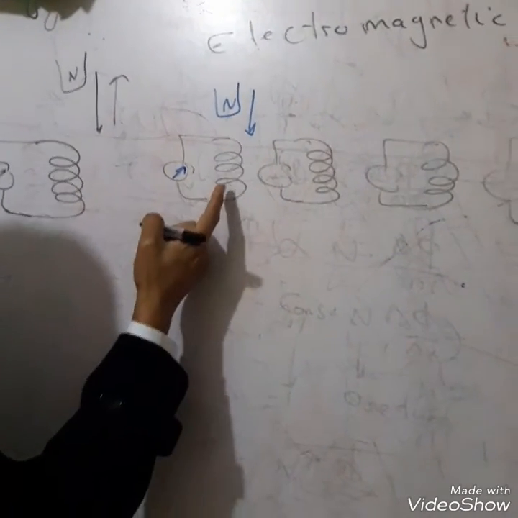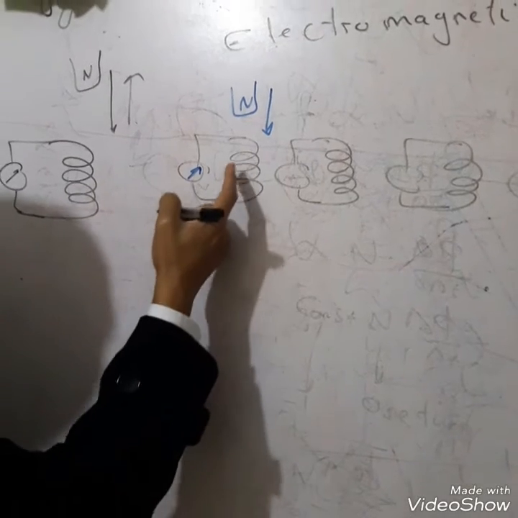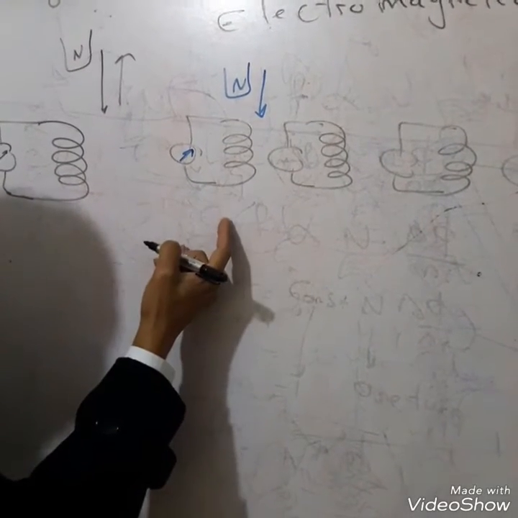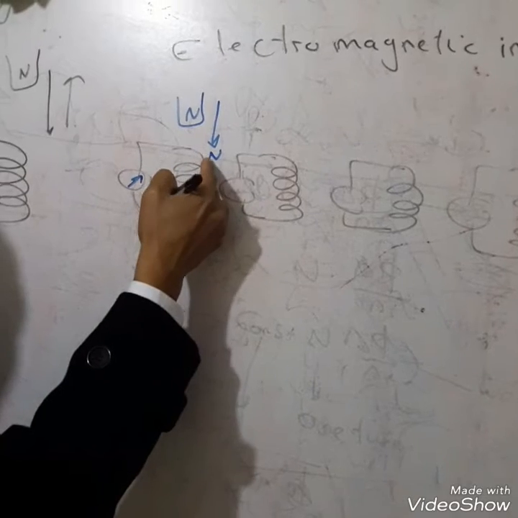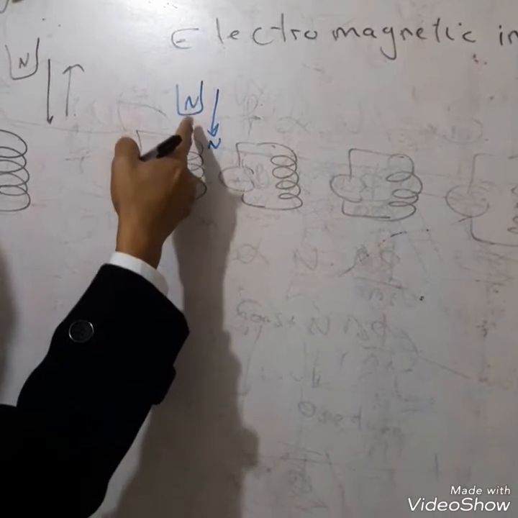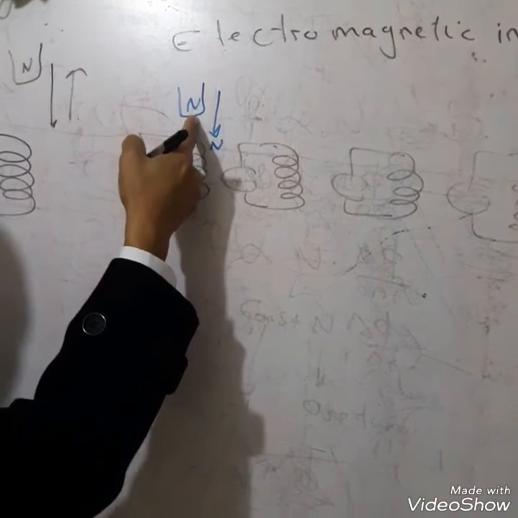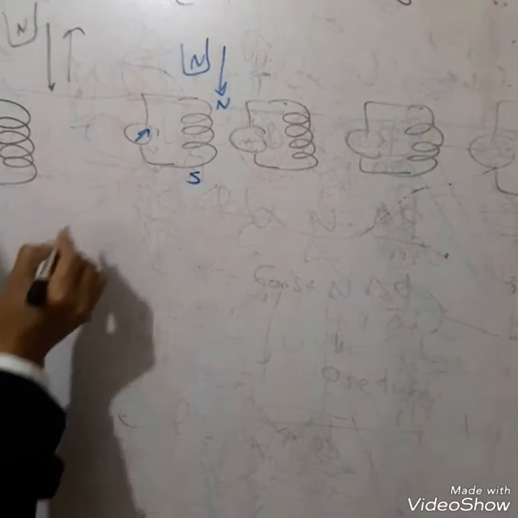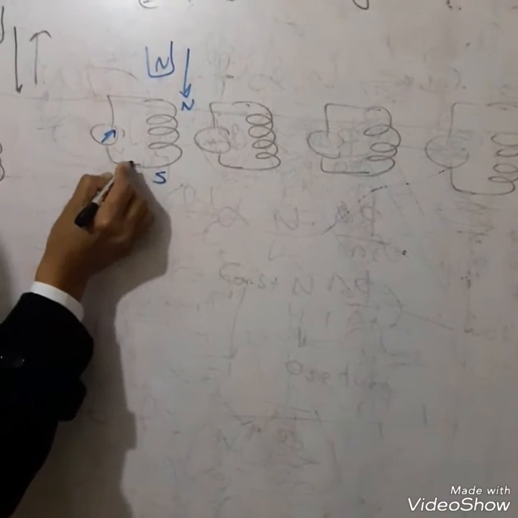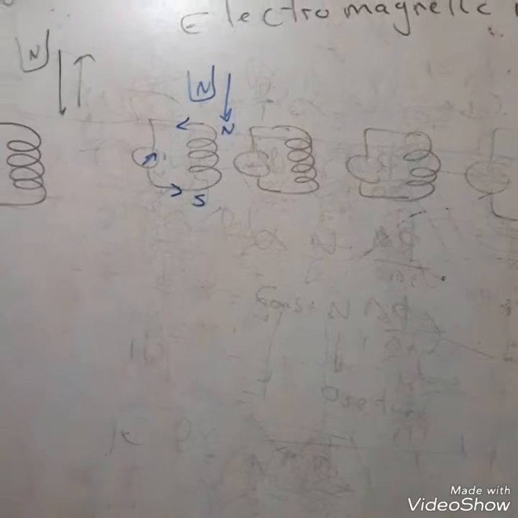Why? The coil solenoid acts as a magnet, generating a north pole near this north and a south pole away. So the electric current passes from south to north.